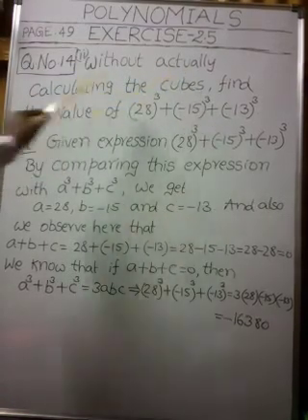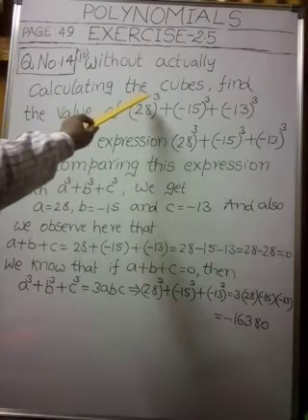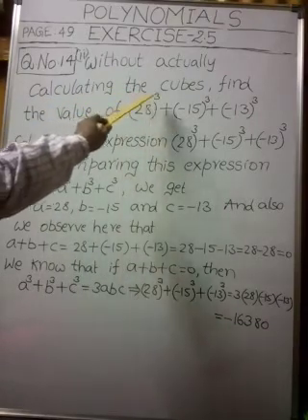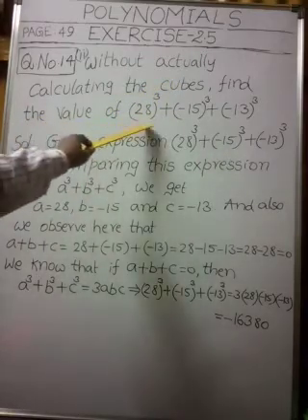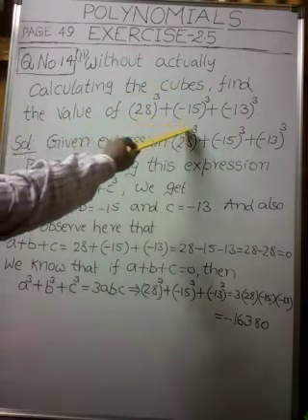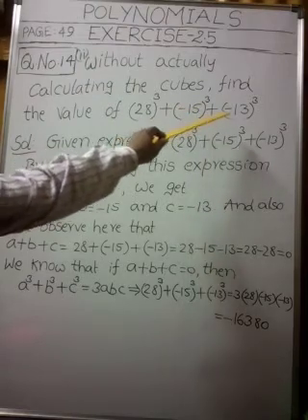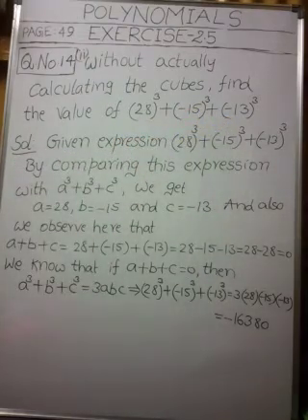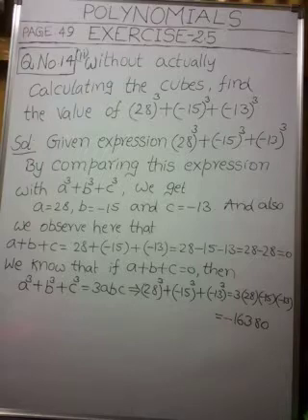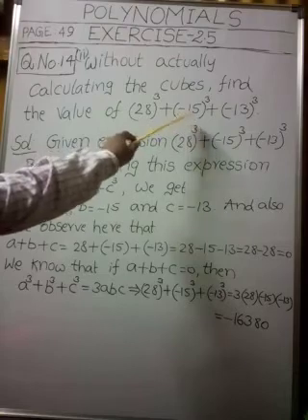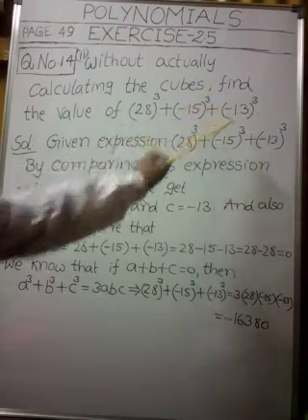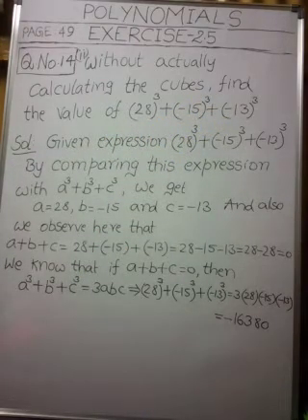Without actually calculating the cubes, find the value of 28 whole cube plus minus 15 whole cube plus minus 13 whole cube. Understood the question, my dear children? Without finding 28 whole cube, minus 15 whole cube and minus 13 whole cube separately and adding them, we should not follow that procedure here.